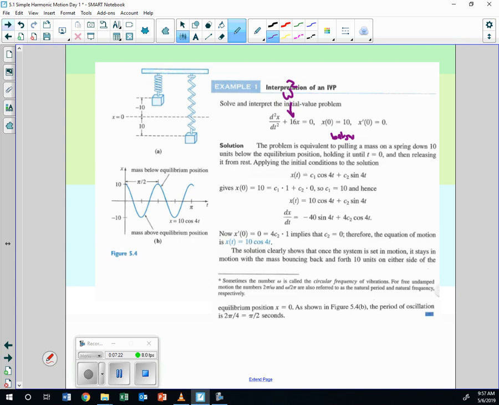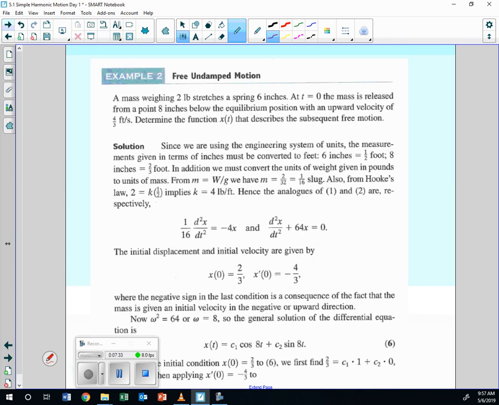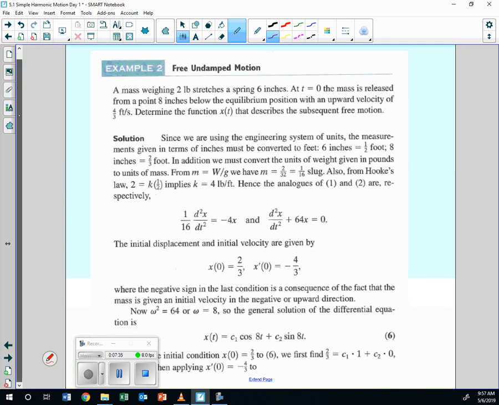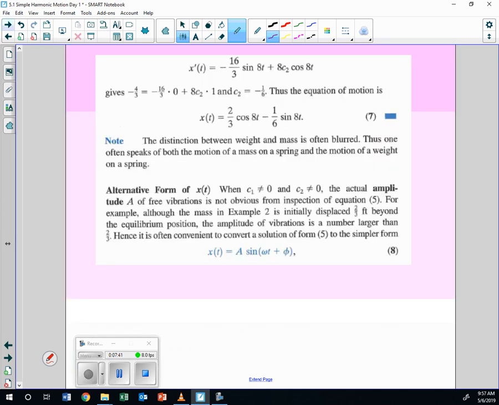So we have C1 is 10, and C2 we found out to be 0. So that dropped out all the sine, making this your simple cosine curve. Undamped means there's no slowing down of it, and so here's where you'll get the sine and the cosine for that.